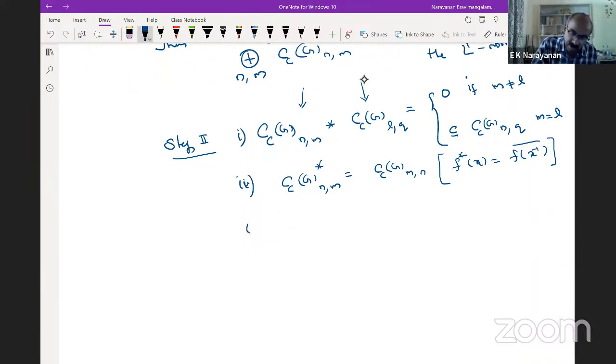And the third one is very particular to SL2R. It's not true in general if you go to other semisimple groups with finite center. This is one of the steps which makes our proof simpler. C_c(G) n,n, so when I take both n, this is commutative with respect to the convolution.